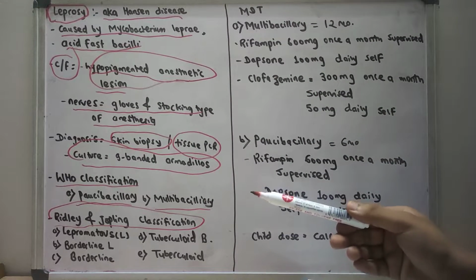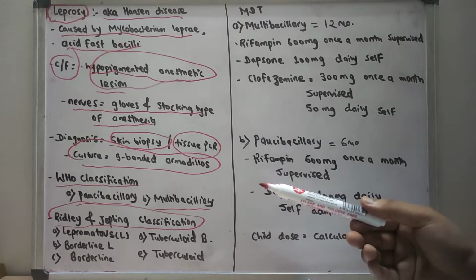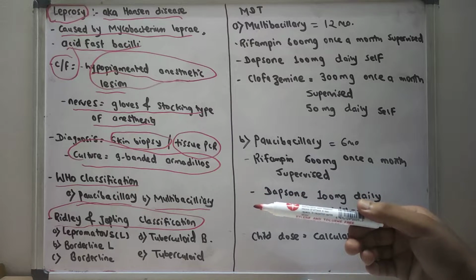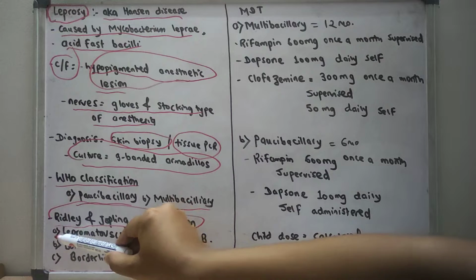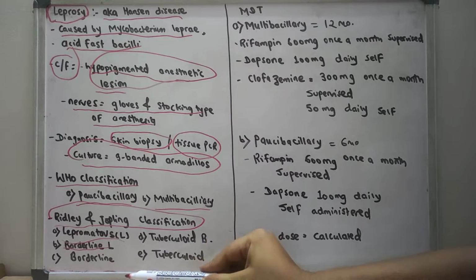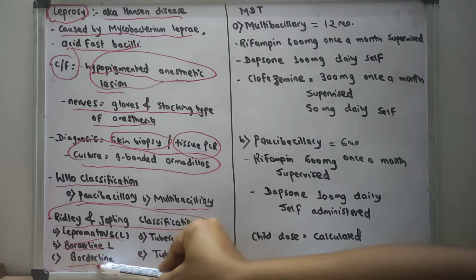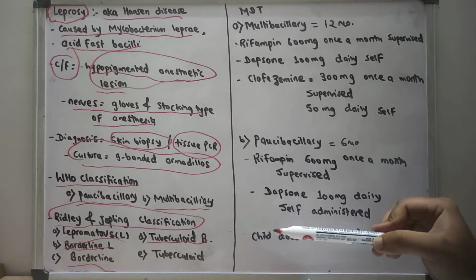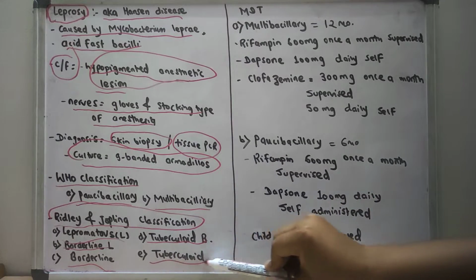come under the multibacillary. Now moving towards the Ridley and Joplin classification, it can be divided into lepromatous leprosy, borderline lepromatous leprosy, borderline leprosy, borderline tuberculoid and tuberculoid leprosy.